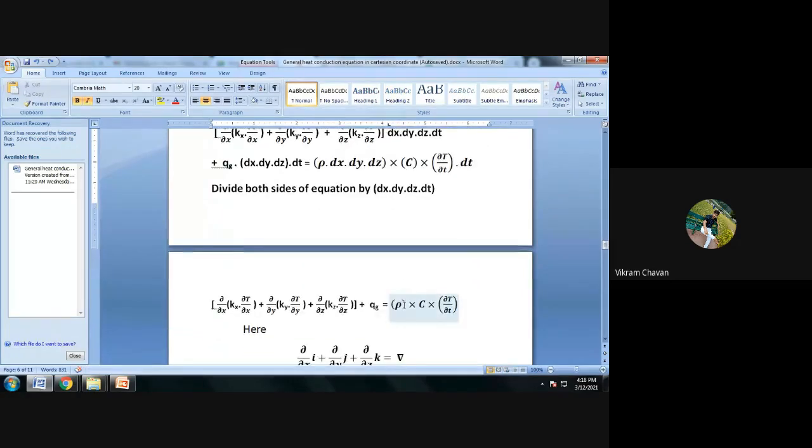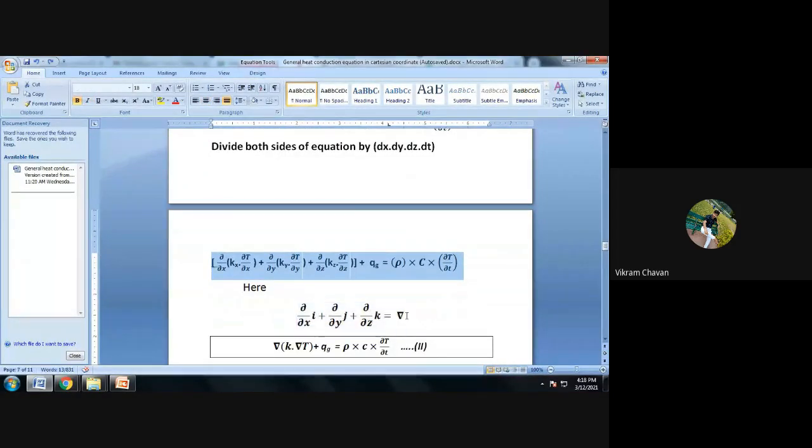Further, we get this equation after division, and we have introduced the del operator for del of del x of i plus del of del y of j plus del of del z of k, equal to del.